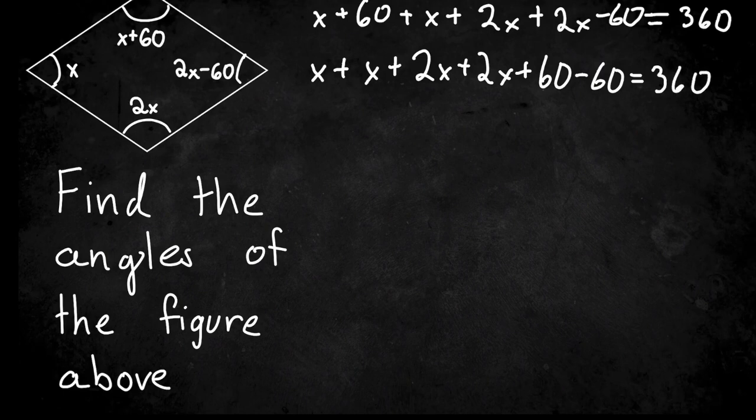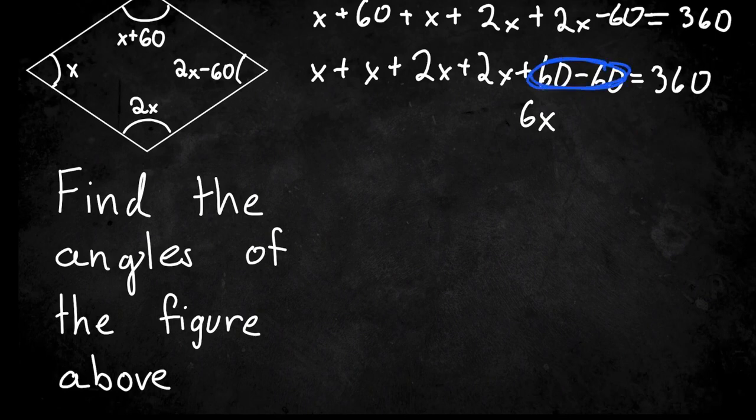Now we are going to combine like terms. Let's make sure we are correct: 1 plus 1 is 2, 2 plus 2 is 4, and 4 plus 2 equals 6, so 6x. And if you add 60 and subtract 60 from it, that equals 0.